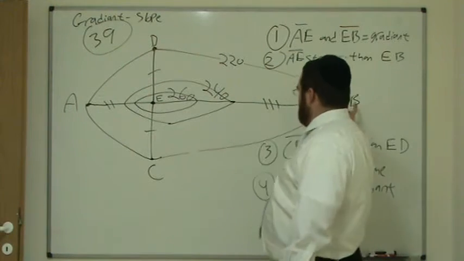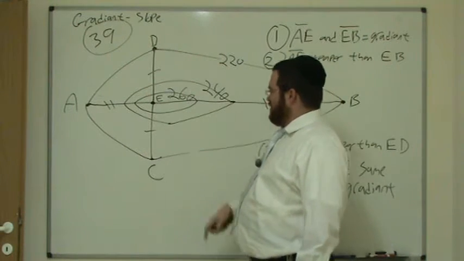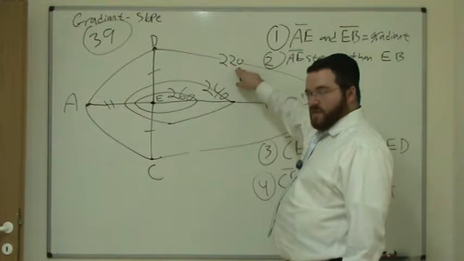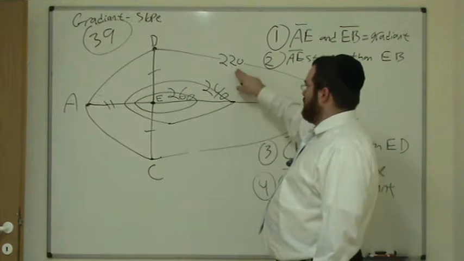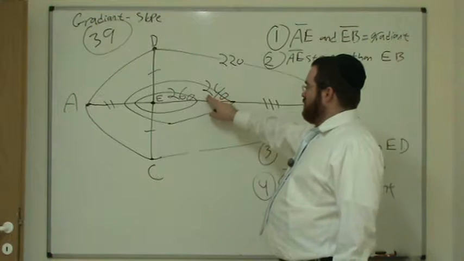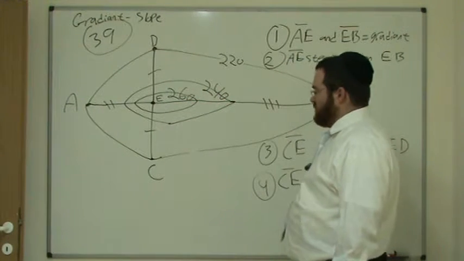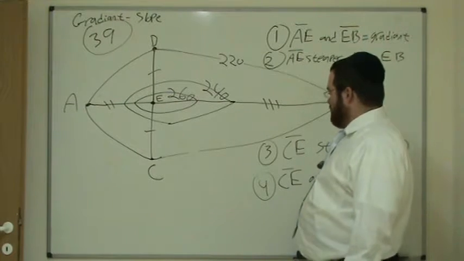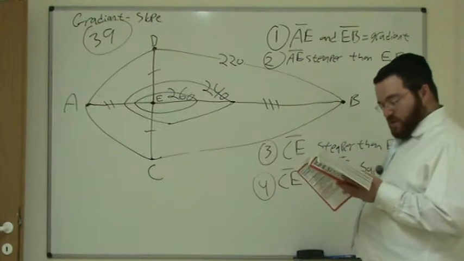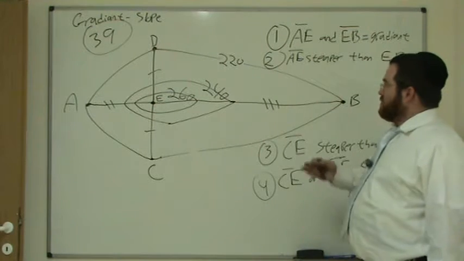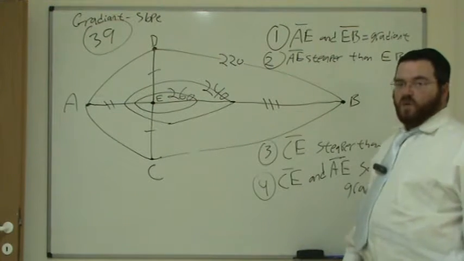A, B, C, D, and E. And they show you again that the outer circle is 220 feet high, more inside is 240, and the inner circle is 260 feet high. So, which description best compares the gradients of this hill? So, all you need is one right answer.